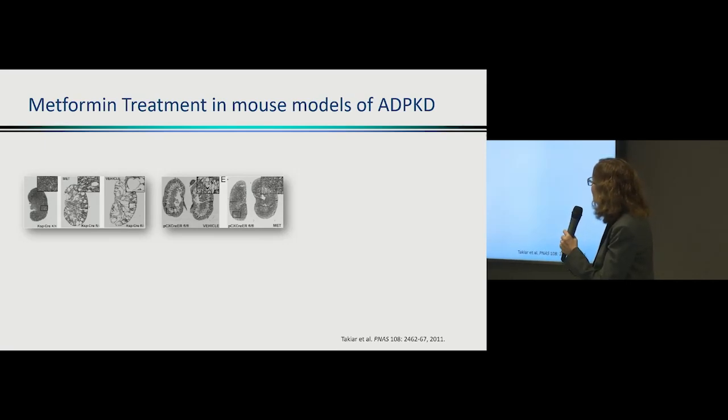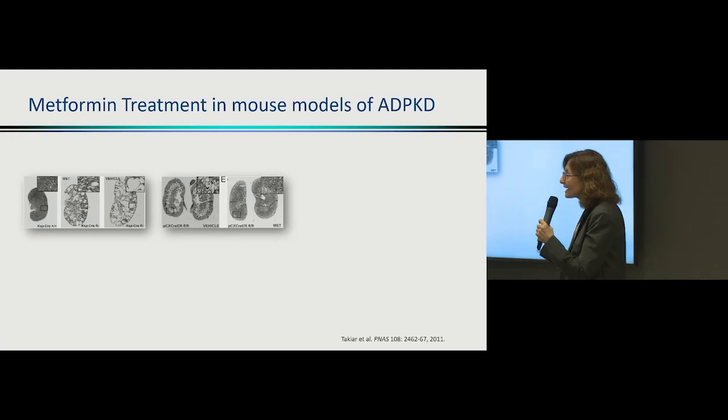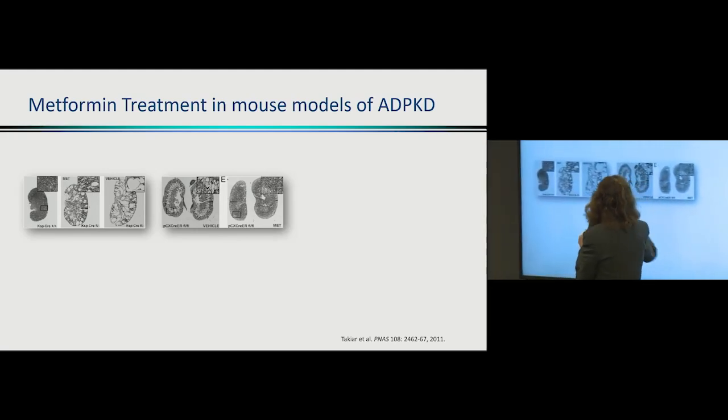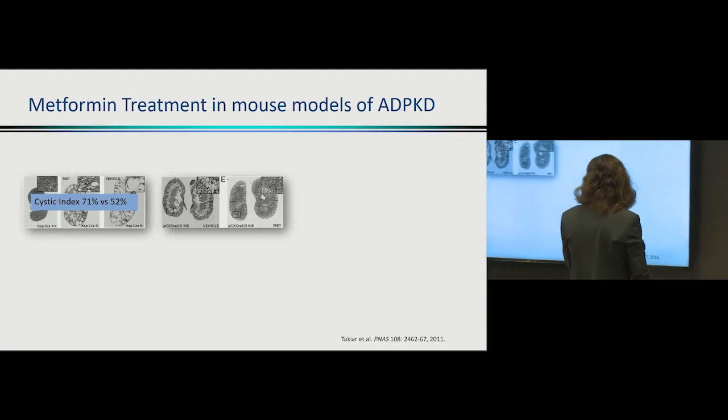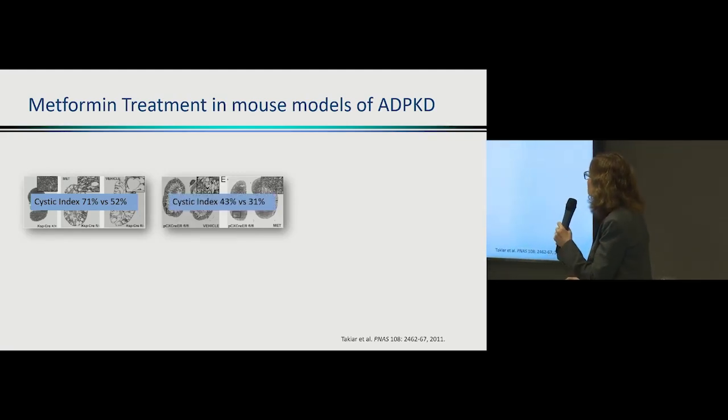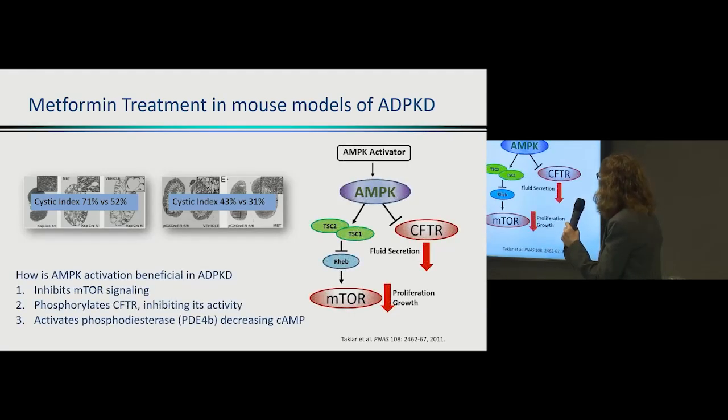And in mouse models, it turned out that this had some positive effect. That's shown here in 2 different mouse models. There's some improvement. Cystic index decreased by 52%, from 71 to 52 and 43 to 31. So in mouse models, this had some positive effect.